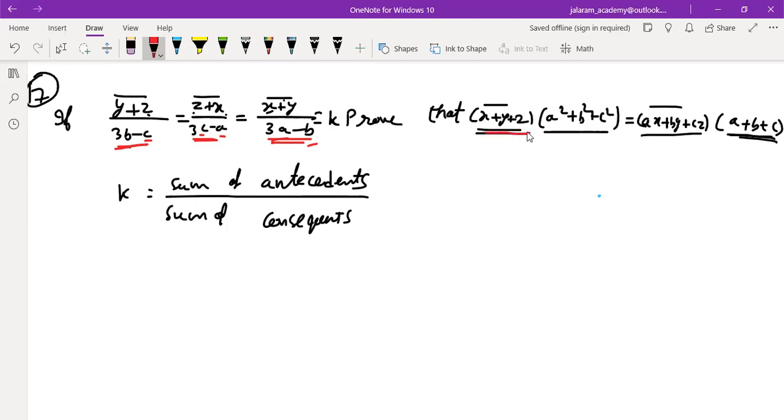So x plus y plus z we have to bring to one side, a plus b plus c to the other side.